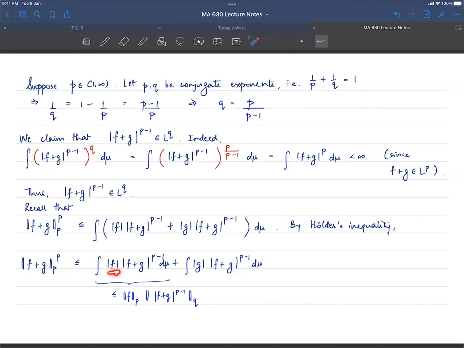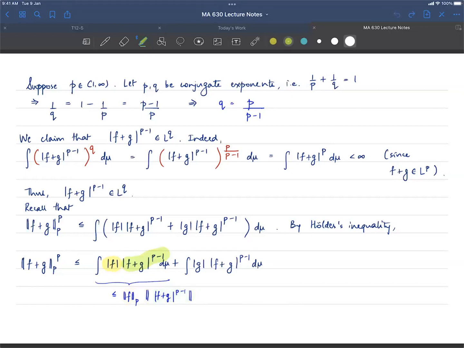The highlighted term in yellow is an LP. The term highlighted in green is an LQ. So the product is an L1. And the integral of the product is less than or equal to the LP norm of the yellow function times the LQ norm of the green function.